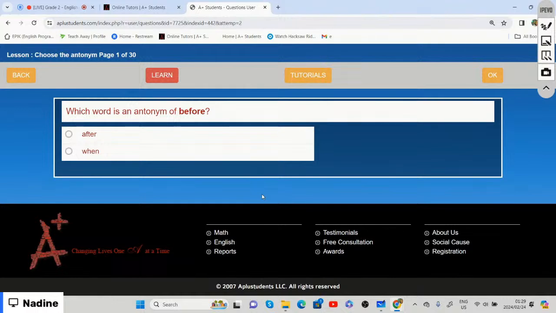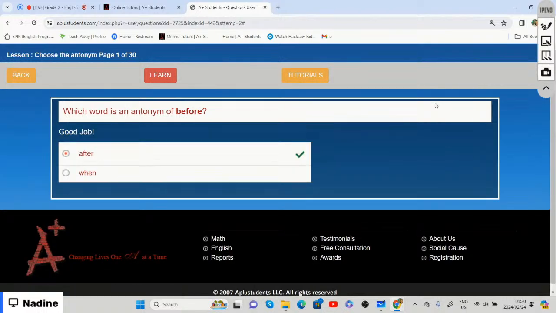So before. And the opposite of before is after. So well done.